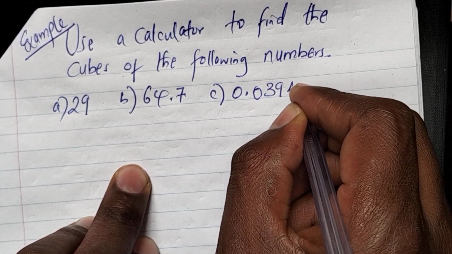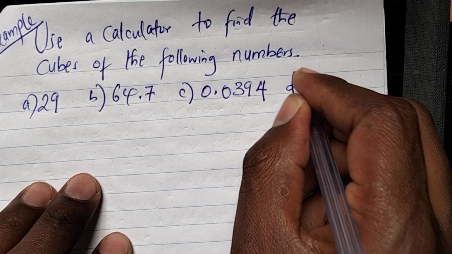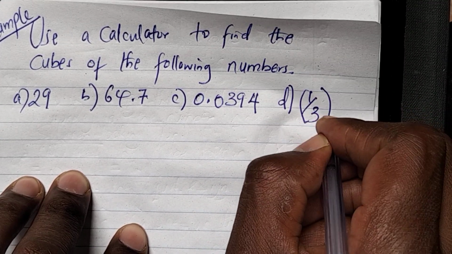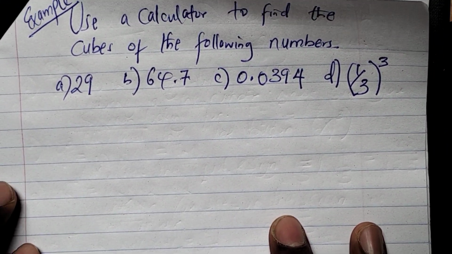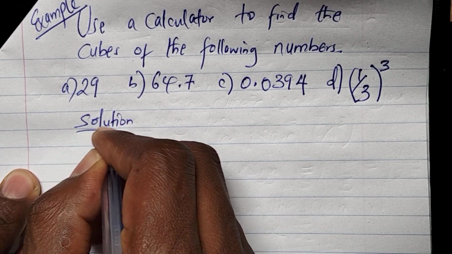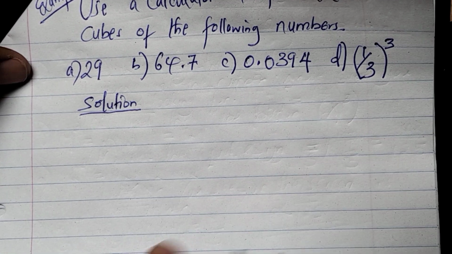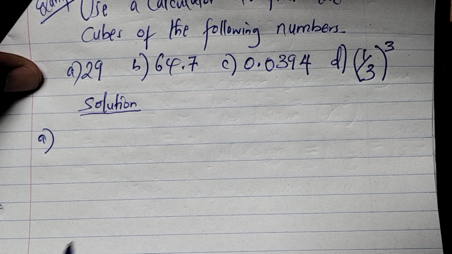Right. So solution, following the 4 key steps that we have talked about. For example, in A, we shall key in 29. Then we press the button for cubic. Then we press is equals.